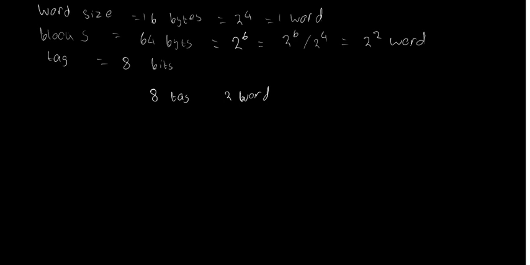Okay, then now we have our cache size. We've been told that our cache size, our CS, is equal to 512 bytes. We're then going to divide this by 16, which gives us 512 divided by 16, which is 32 words.